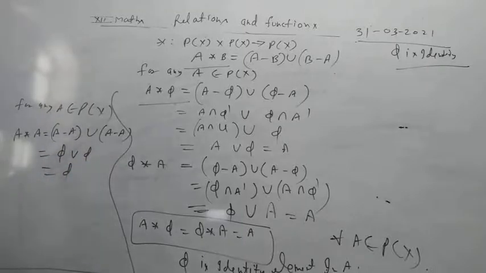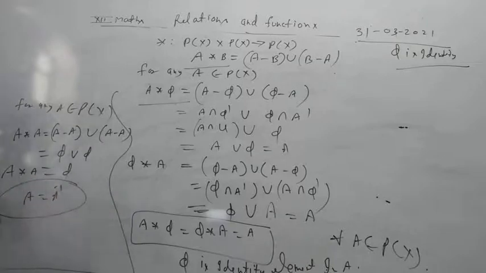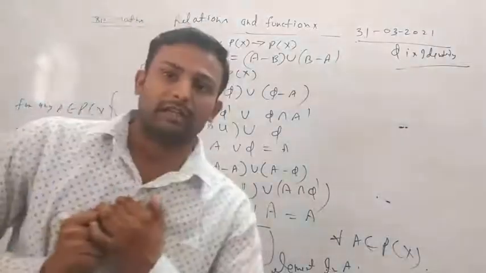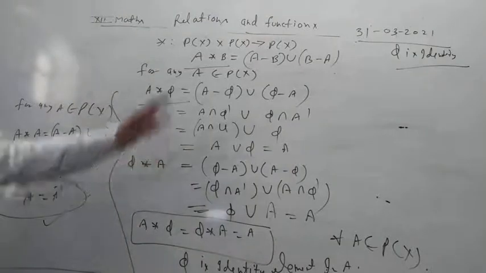And this is equal to A star A, and this we write as A is equal to A inverse. This implies A is equal to A inverse. This proves that.